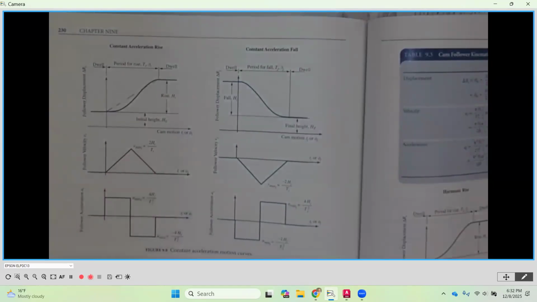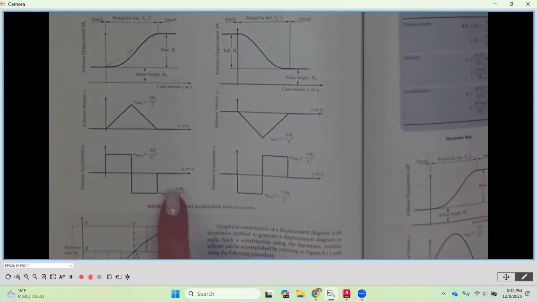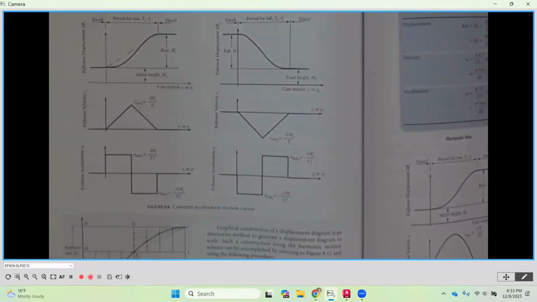So it's not as abrupt a start and stop anymore, and we don't have as much chance of our follower leaving the surface or the profile of our cam. The accelerations don't look amazing, but they're much improved from the first one. So a little bit higher speed we can use here, again because of those curves going in and out.